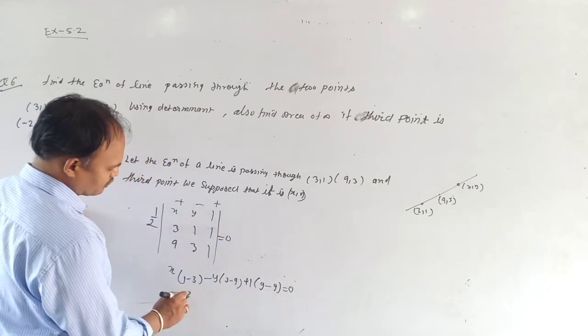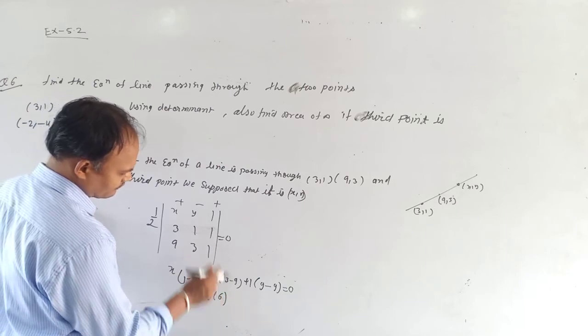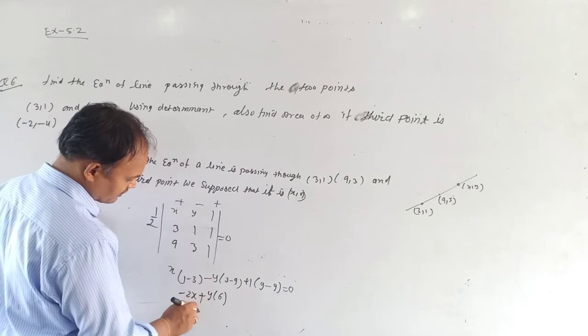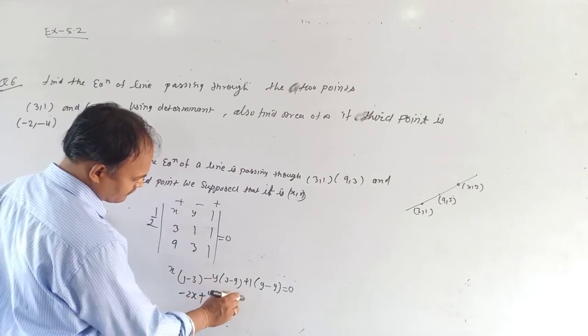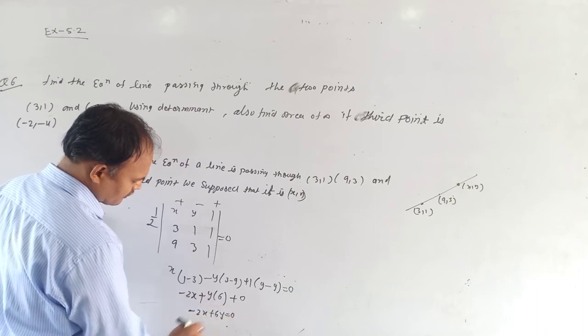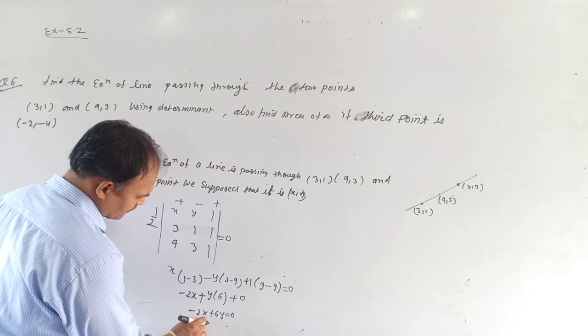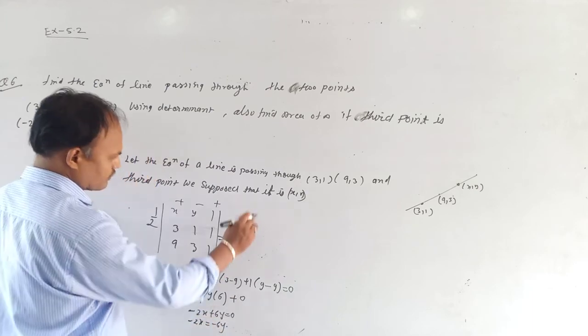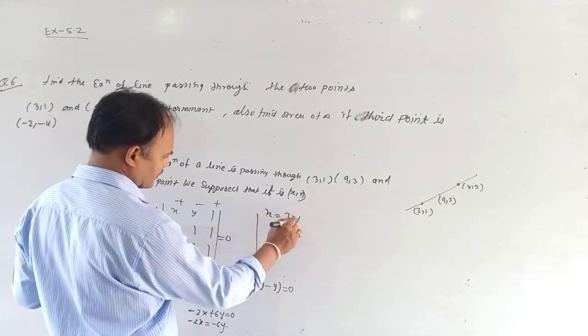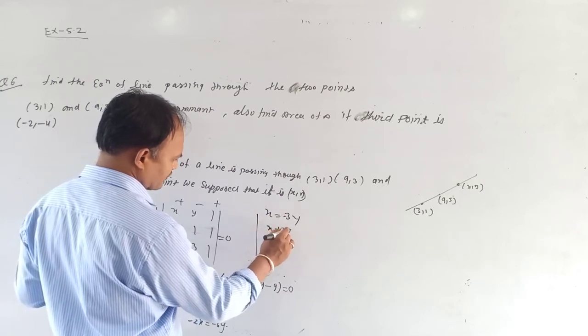So it is minus 2x minus y times 6, minus 6, so it is plus, and it is 0. So minus 2x plus 6y equal 0. So we can say minus 2x equal minus 6y. So x equal 3y, x equal minus 3y, or x plus 3y equal 0.